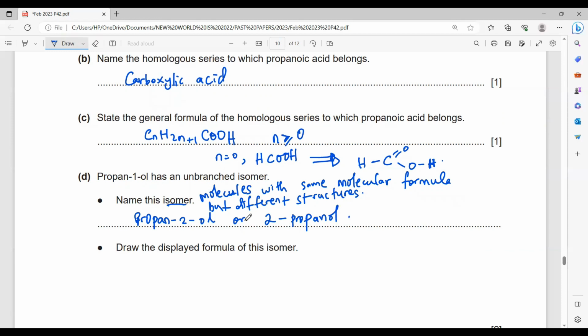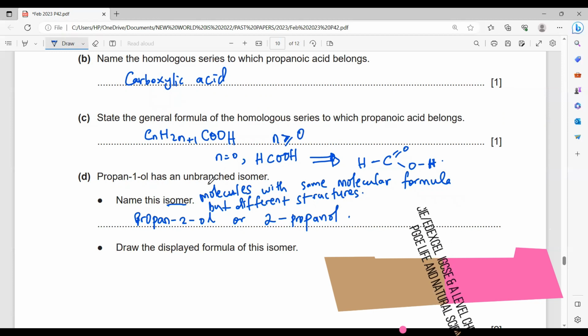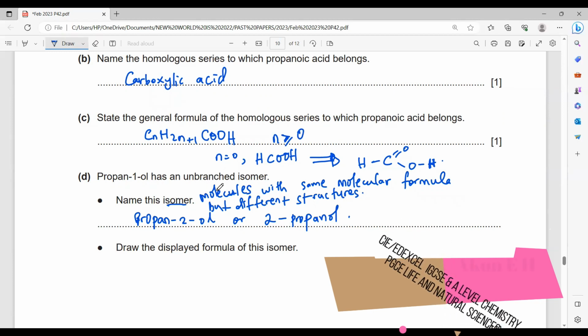Now, the question here is, is there a branched isomer of propan-1-ol? If yes, what is that isomer? If no, you can keep your answers in the comment section below.